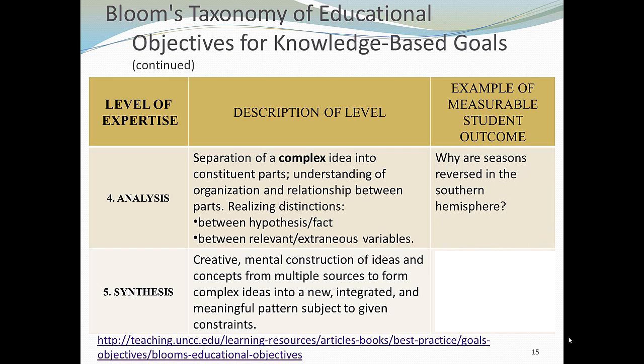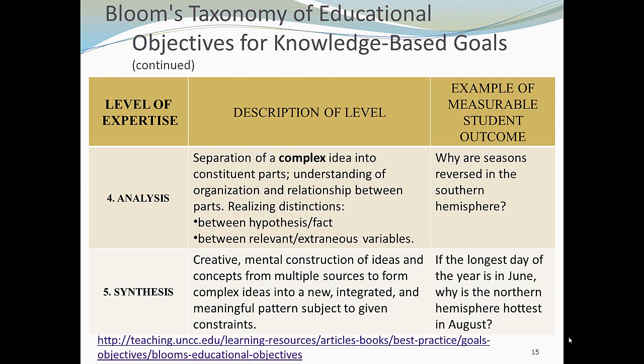So in our example, why are the seasons reversed in the southern hemisphere? Again, you can look at their answer, and if they came close to your rubric answer, that's something you can measure. Are people getting it or are they not getting it at the analysis level?